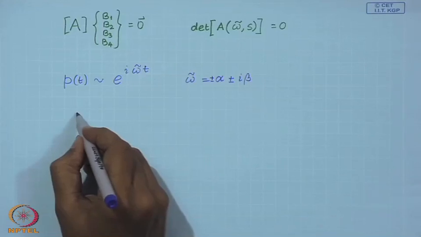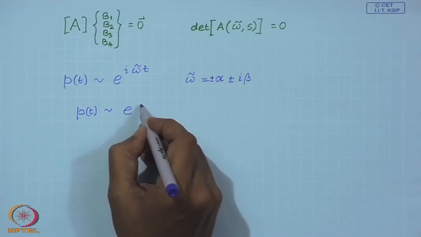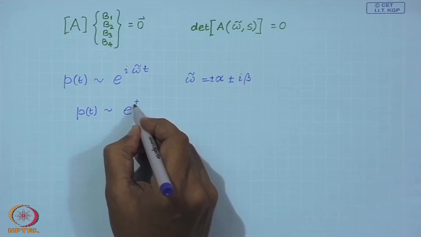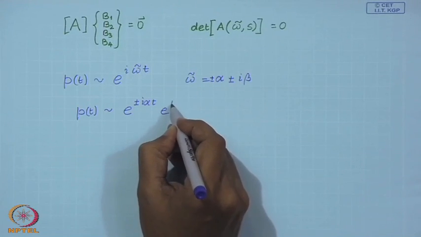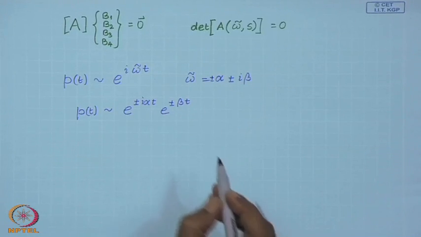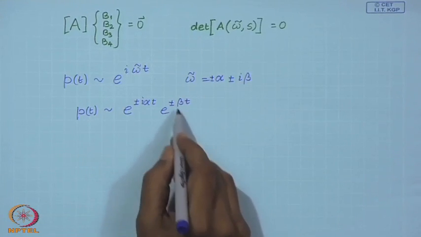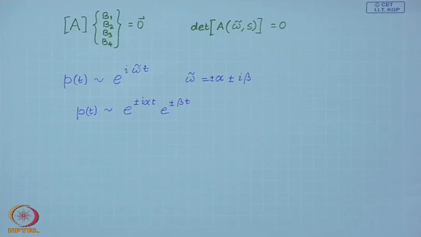If you consider this solution, then you have solutions like this. So, you have an exponential term along with a fluctuating component.